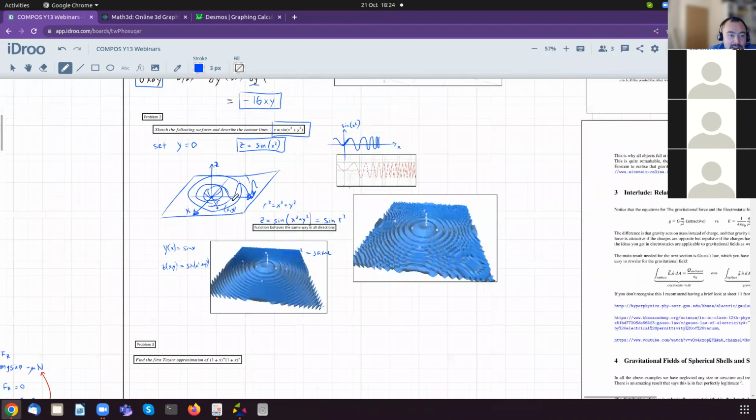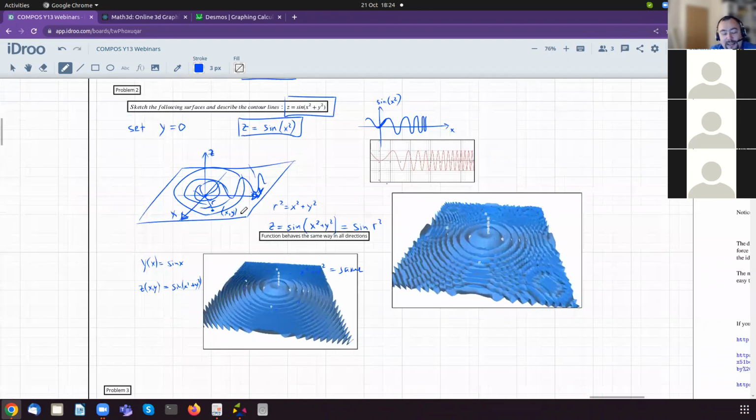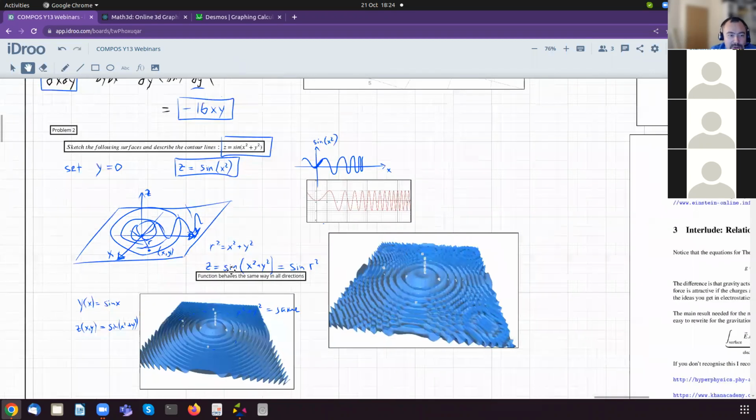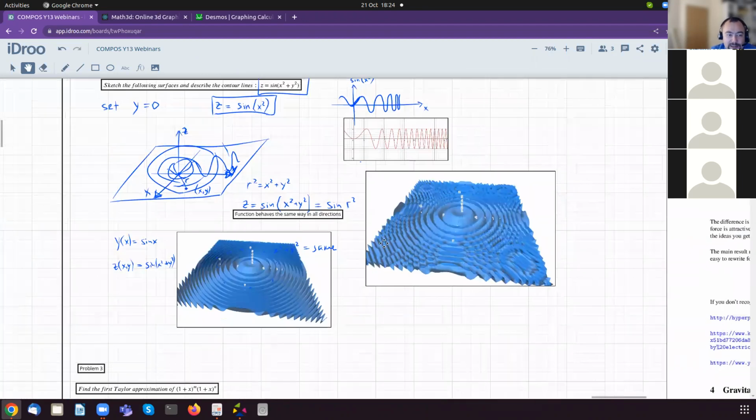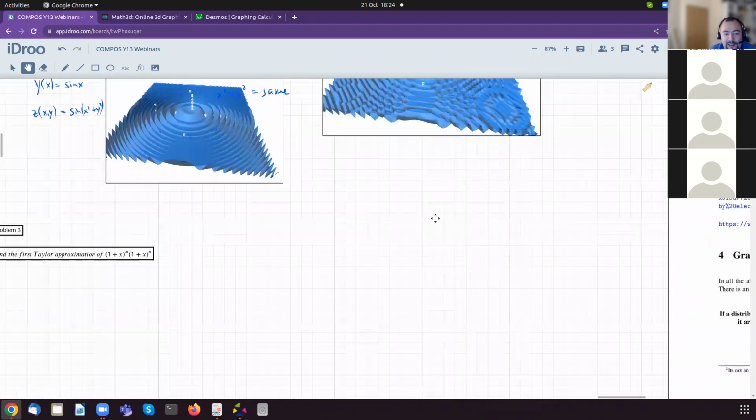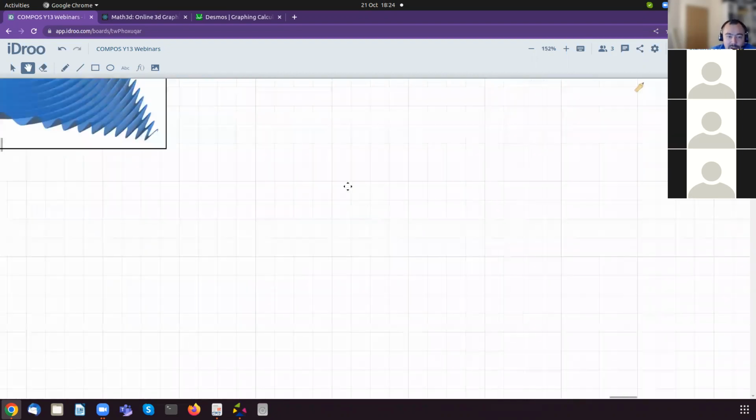Okay, the contour lines. I don't think I really want to do the contour lines. Do have a look at the contour lines for the paraboloid. So the contour lines are basically the view from the top.